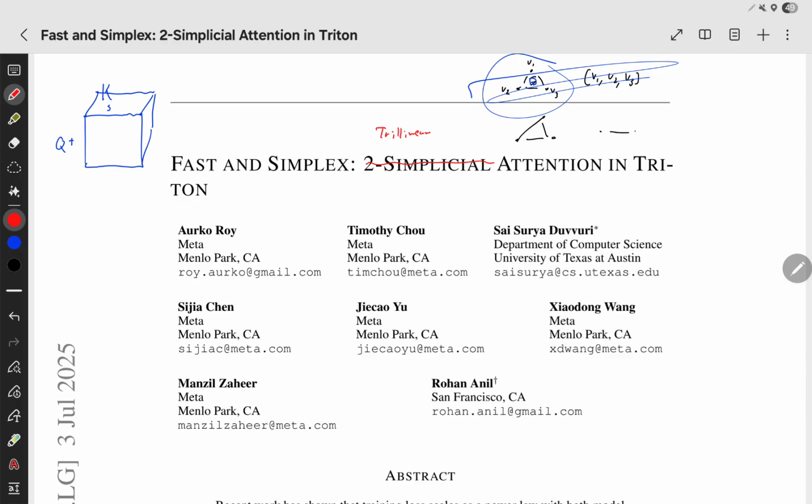For example, if I want to do two conditions on one modality, I could do two cross attention layers, or I could do one 2-simplex attention layer. The 2-simplex attention layer should be a lot better, because you're doing all triplet interactions, while two cross attention layers isn't.